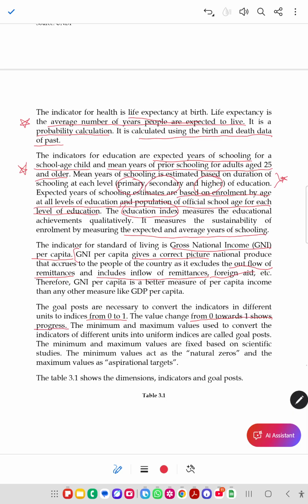The minimum and maximum values used to convert the indicators of different units into uniform indices are called goalposts. Understand what a goalpost is? The minimum and maximum values are fixed based on scientific studies. The minimum value acts as a natural zero and the maximum value as an aspirational target.